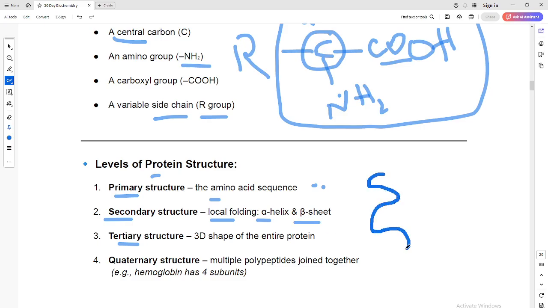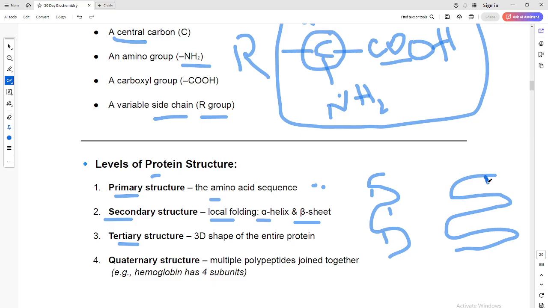Alpha helix, it is a helix. This helix is fixed in this form through specific bonds. These specific bonds are dependent on the primary structure, on the specific sequence of these amino acids. Beta pleated sheet, it is more extended.